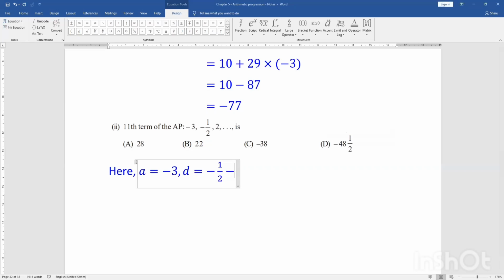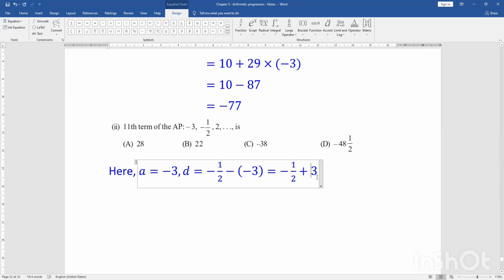Because minus 1 by 2 is the second term, and second term minus first term is the definition of common difference. So minus 1 by 2 minus of minus 3 will give you minus 1 by 2, and minus of minus gives plus, so plus 3.